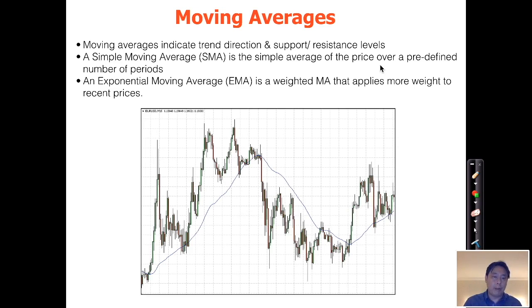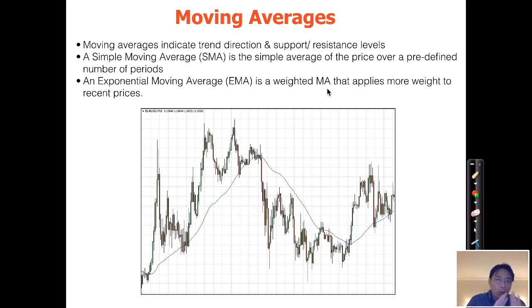That's a simple moving average. An exponential moving average, or EMA, is a weighted moving average that applies more weight to recent prices. So you take the last 50 periods of prices, you don't divide it equally. You place more percentage weight on the recent prices, and so it's called an exponential moving average.